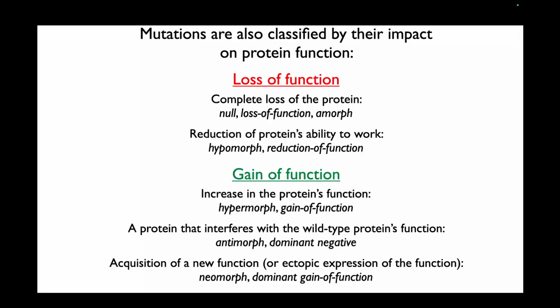So, for example, if you express a gain of function mutation of certain genes in, I think, the second or the third segment, I'm not completely sure about the segment number, but near the head, then instead of antenna, legs come out of that segment.